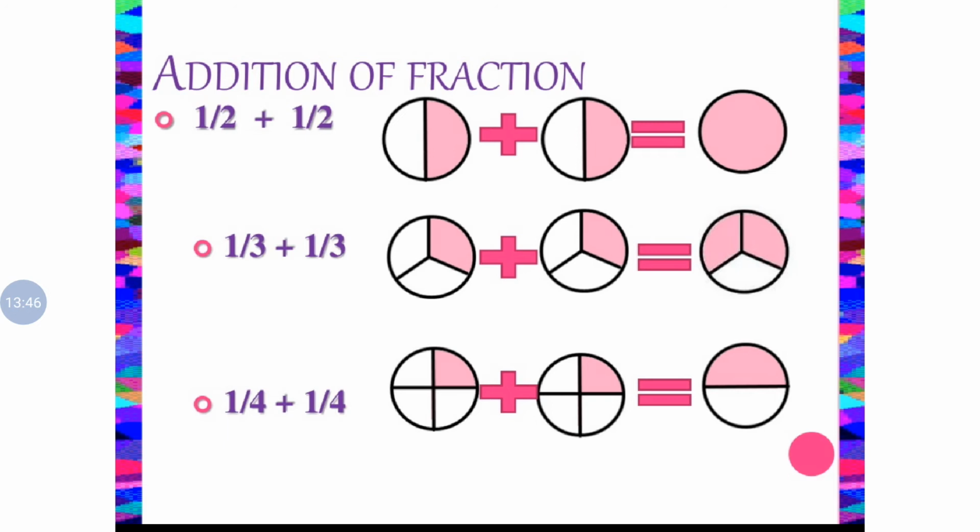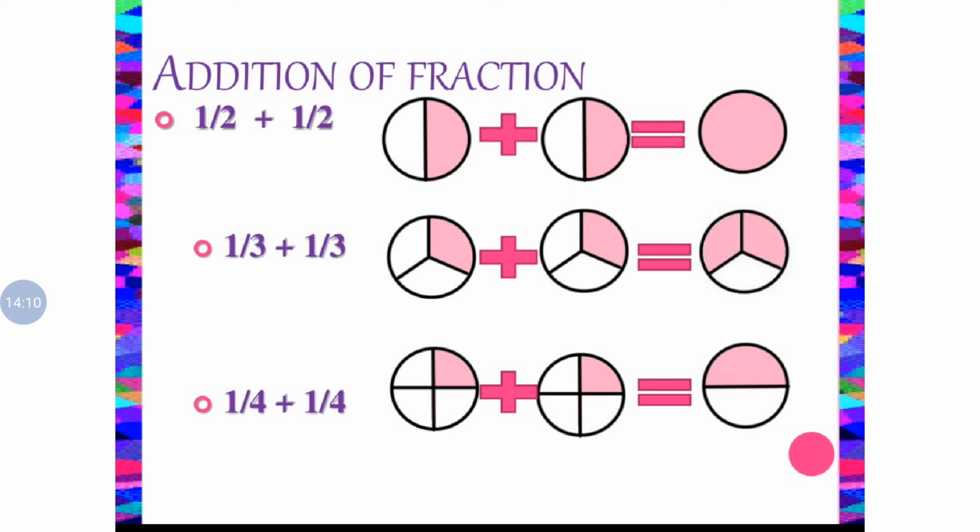Add 1 plus 1, 2 by 2. Cancelling, 2 divided by 2 and 2 divided by 2, the value is 1. Two equal parts added, so we get a whole fraction.